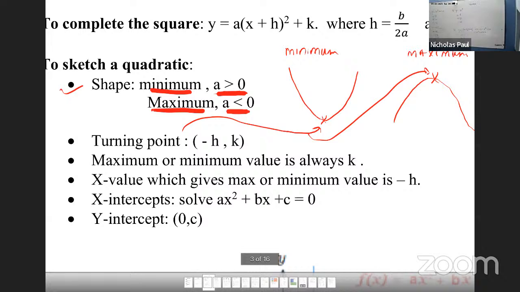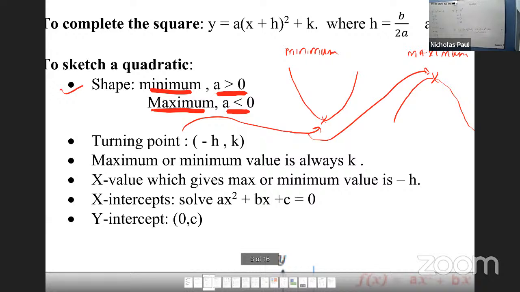Okay, let's take a quick glance. Look back at example 1 and 2. Example 1 is a what? What's example 1? So, what type of quadratic, minimum or maximum? Minimum, right? The a value is 3, so it's a minimum.